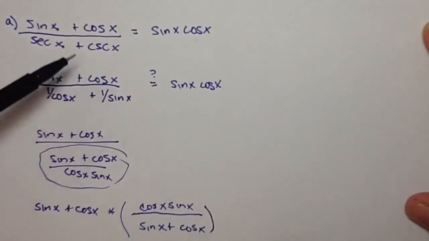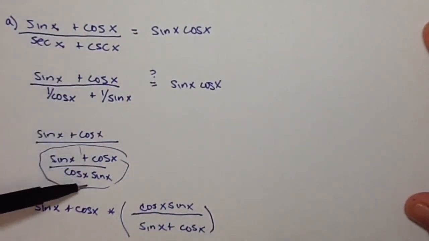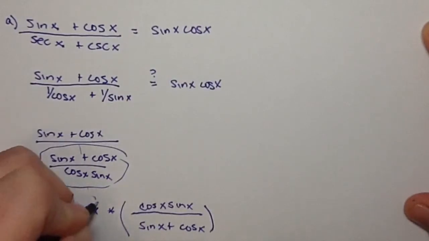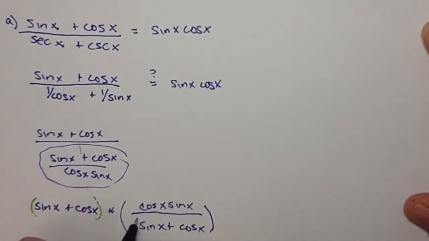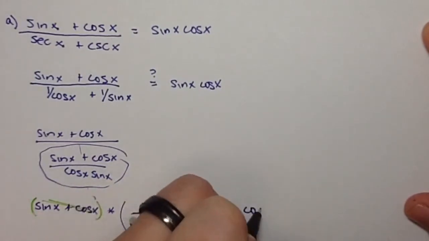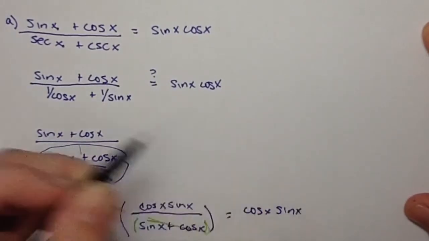Now again, guys, we're just working on the left-hand side, trying to make it look like the right-hand side. And now this whole term, sine x plus cosine x, cancels with this term, sine x plus cosine x. And we're left with our left-hand side being cosine x sine x.